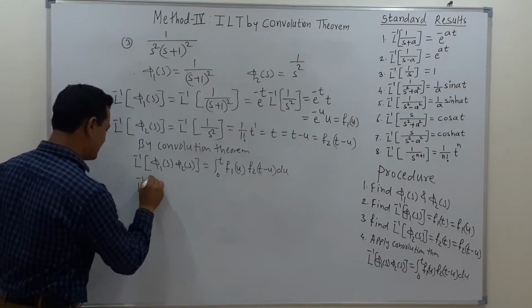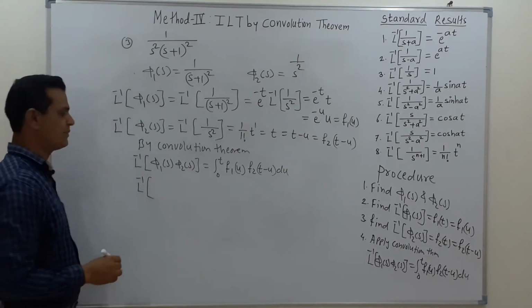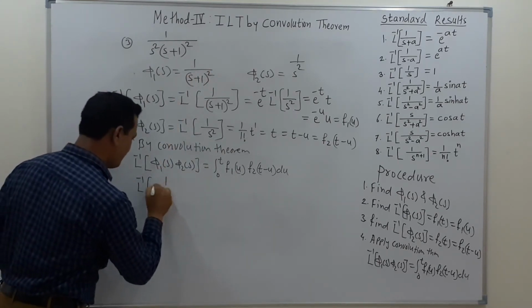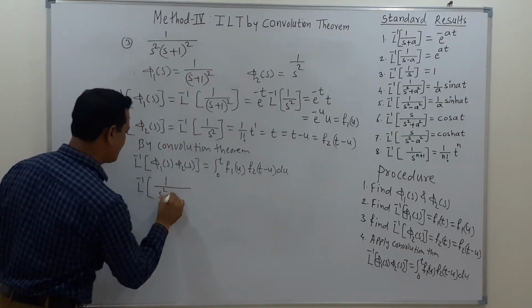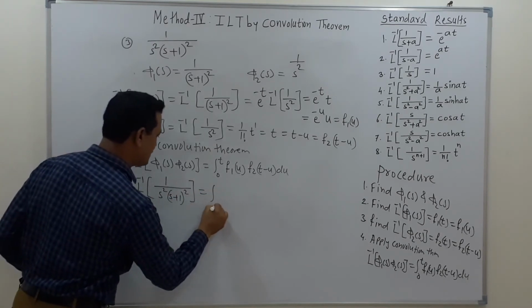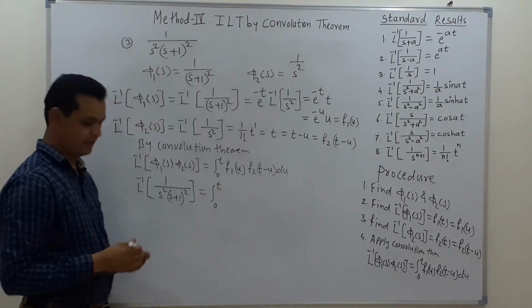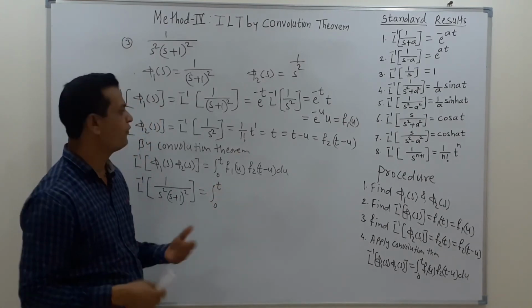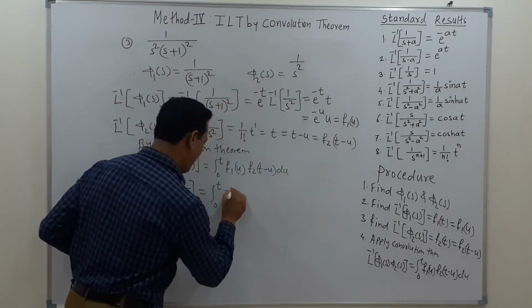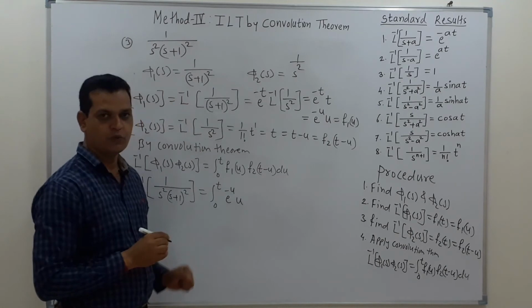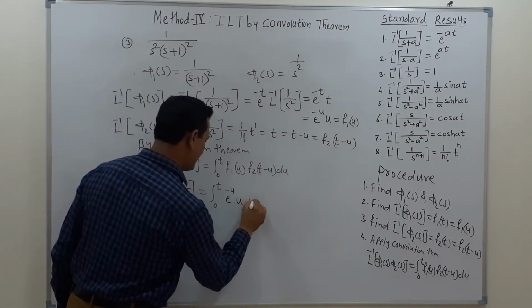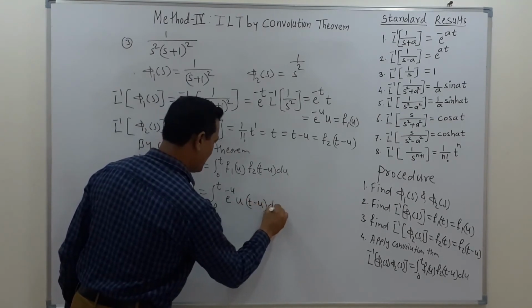The inverse Laplace transformation of the product of phi 1 and phi 2 means the original function. So we can write this as s square, s plus 1 its square, is equal to integration 0 to t. The value of f1 of u is e raised to minus u into u. Now put the value of f2, which is t minus u, into du.